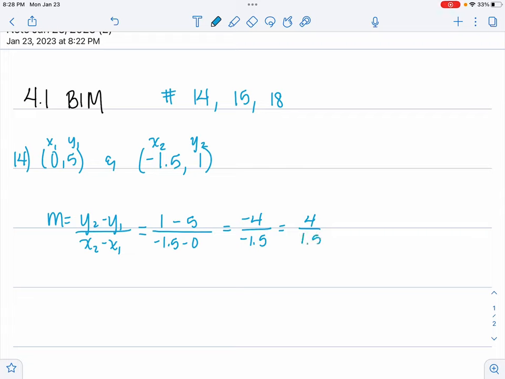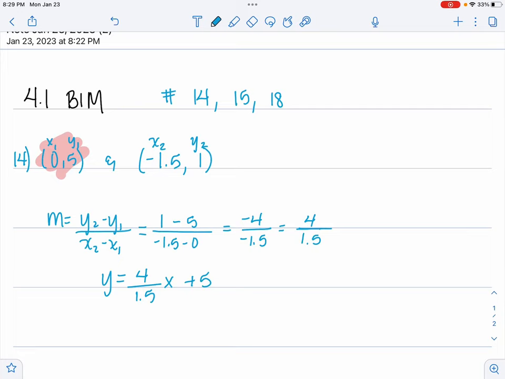I cannot do math past 8 o'clock, so that's why I'm making so many mistakes. 4 over 1.5, if you wrote that in as your slope, and the point right here is the one that gives you the y-intercept, b is 5. So if you wrote your answer as 4 over 1.5x plus 5, it accepts this answer.